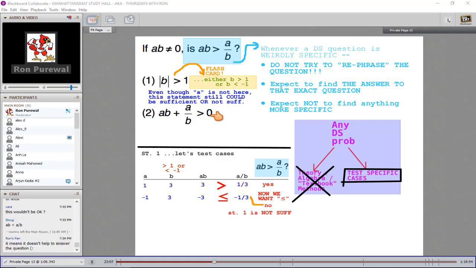But let's think about these things. We should be thinking about signs already, because from statement 1, we have this absolute value thing. Among other things, this should tell us, hey, we need to be thinking about signs in this problem.